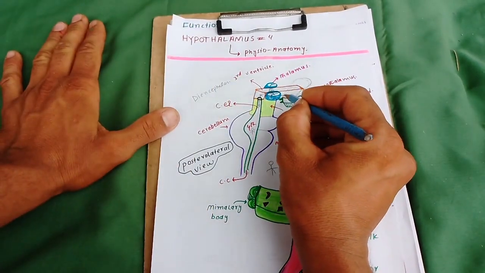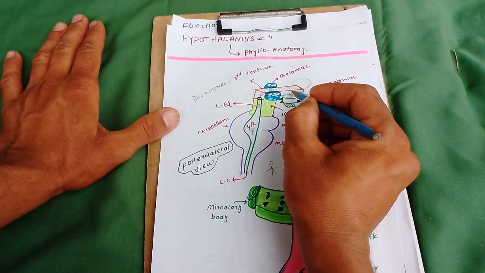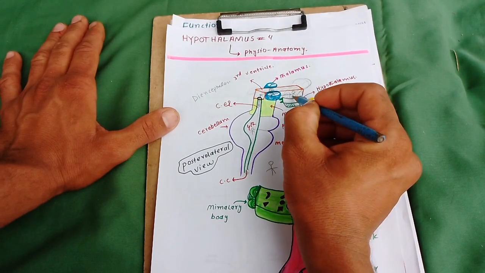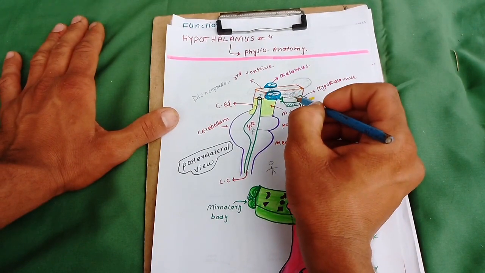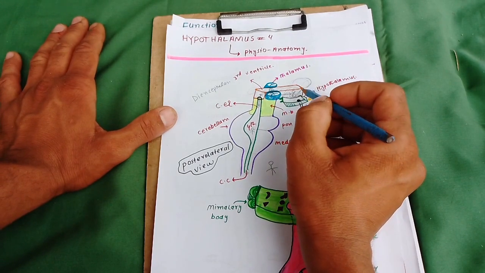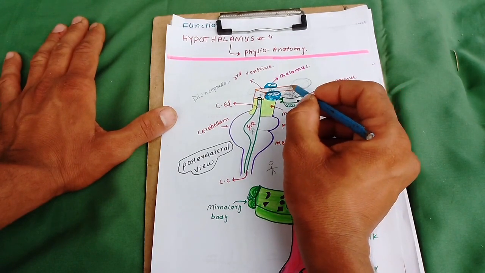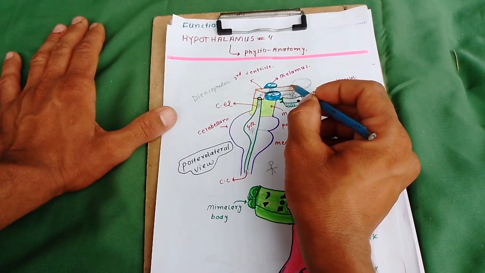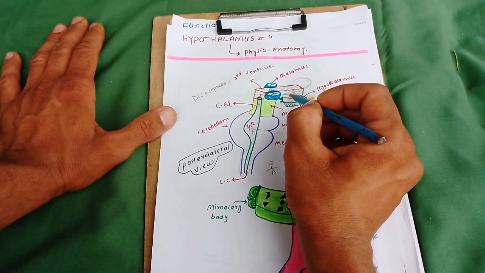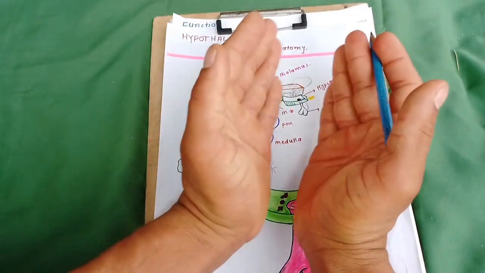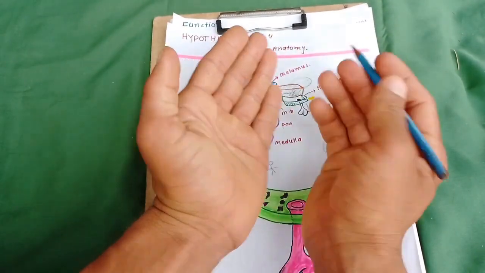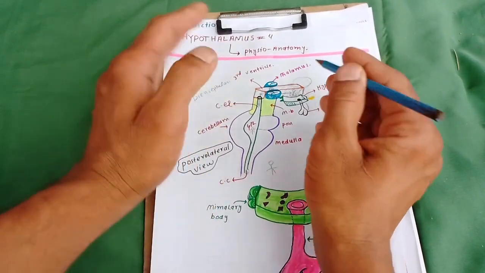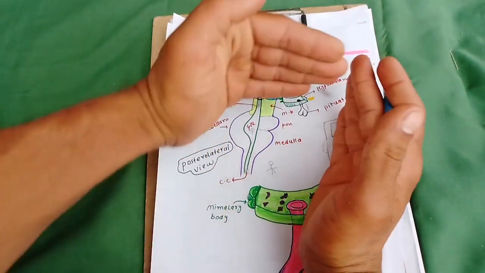When this man goes forward and reaches this point, his feet are now on the hypothalamus. This is one wall, and this is the other wall. This is the right wall. Suppose this is the left wall of the third ventricle, this is the floor of the third ventricle, and this is the anterior wall of the third ventricle.